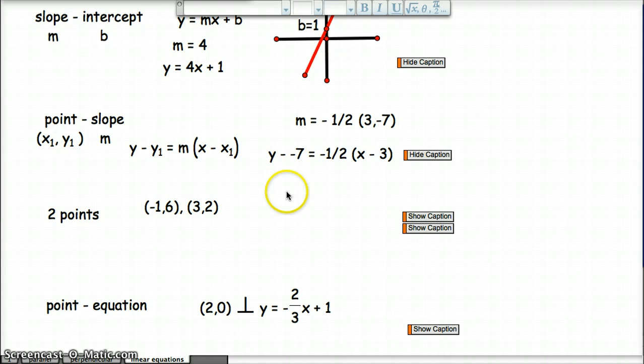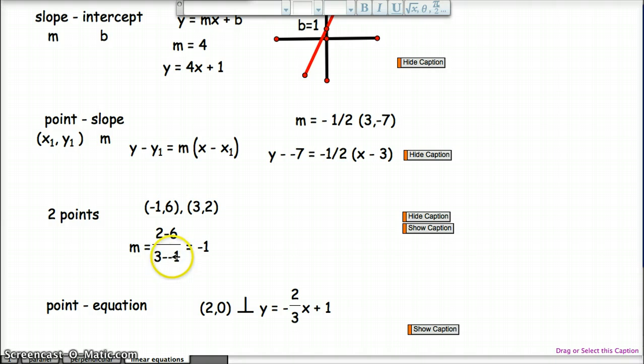Okay? So what do I do if I'm given 2 points? Now that I know I have slope-intercept form, I have point-slope form, what do I do if I'm given 2 points? Well, the first thing I need to do is I need to use my slope formula. So my slope formula, I would plug this in. I have y2 is 2 minus, which is part of the formula, y1, which is 6, then x2, which is 3, minus -1.